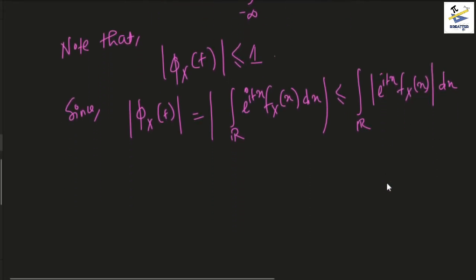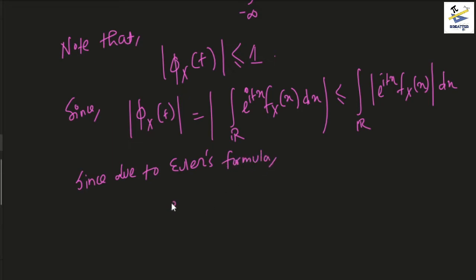Now, when we are going to understand the modulus of e to the power itx f x, let us do that separately. Due to Euler's formula, e to the power itx is written as cosine of tx plus i into sine of tx.